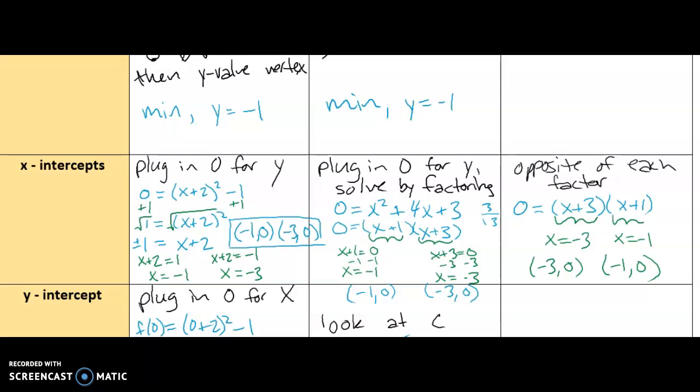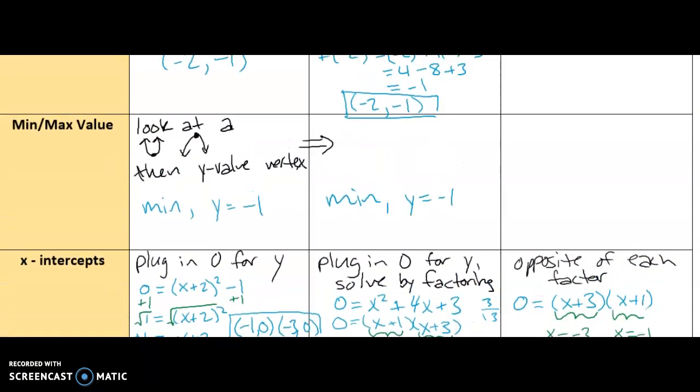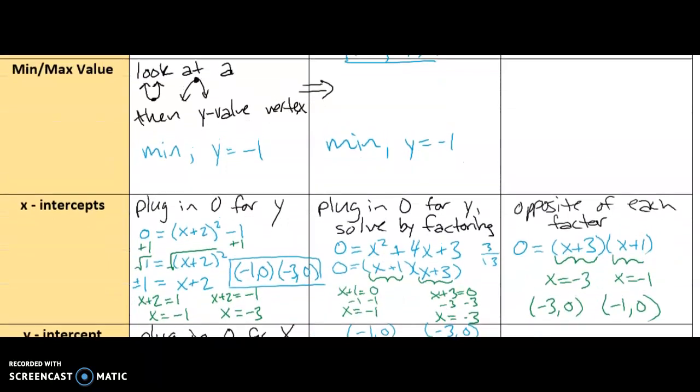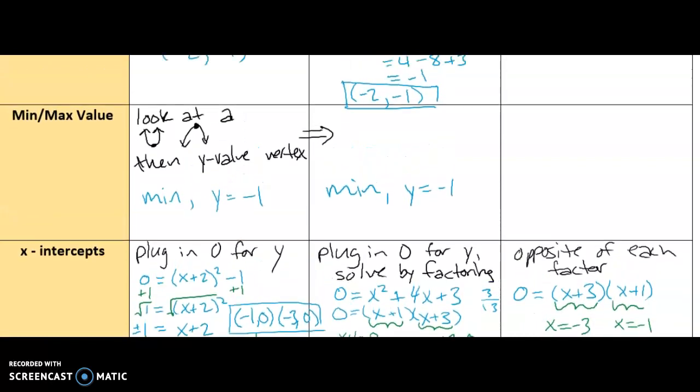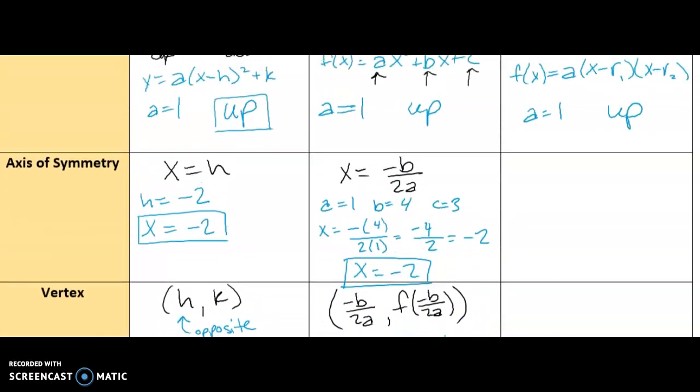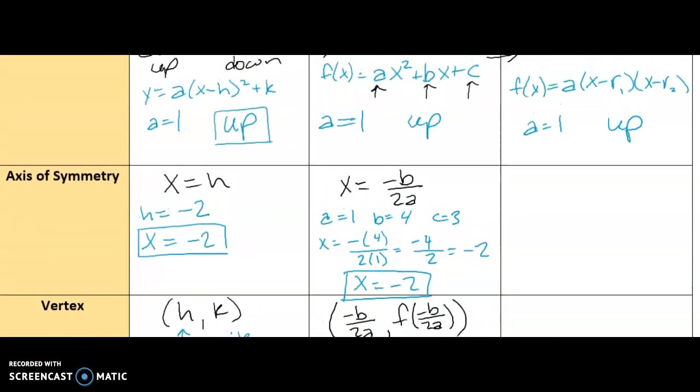Okay, so now that we know that our x-intercepts are -3 and -1, we know that our axis of symmetry has to be in between those because of our rule of symmetry, right? The x-intercepts should be equidistant on both sides. So we're going to actually average those to find the middle point between -3 and -1 on the x-axis. So I'm going to come back up here to our axis of symmetry, and I'm going to say that you just need to average your x-intercepts.